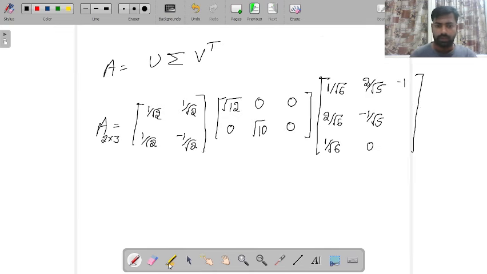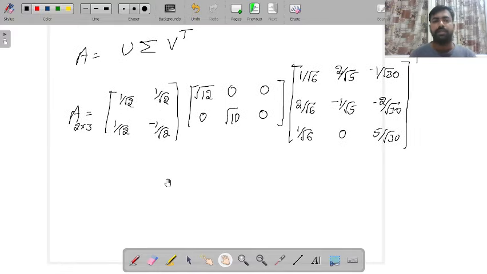So this is the matrix V, but we should take the V transpose. Now A can be decomposed into this form, U sigma V transpose, where U and V are orthogonal matrices.